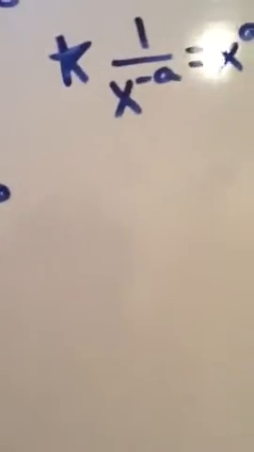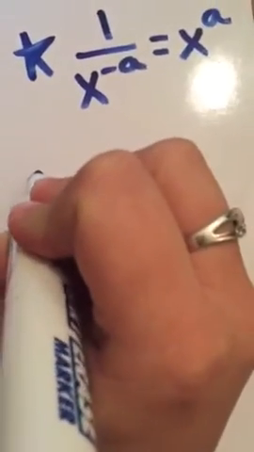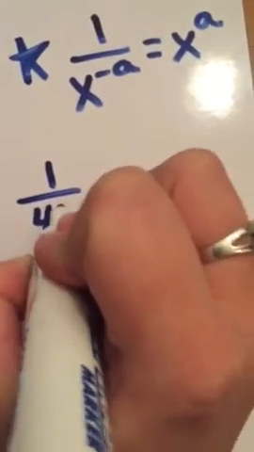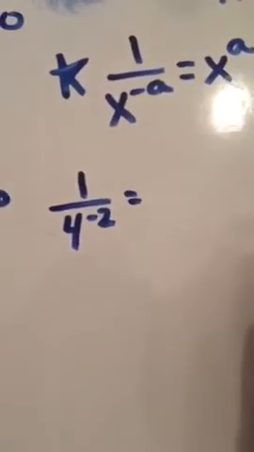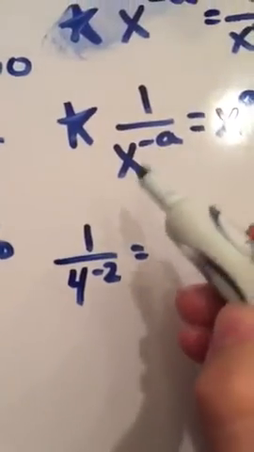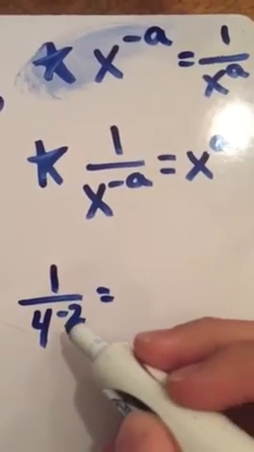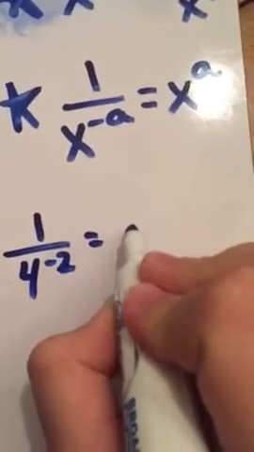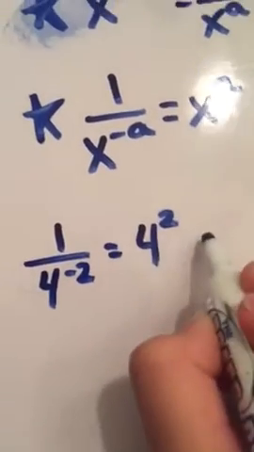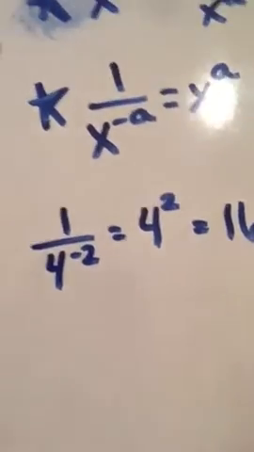So an example of this would be, let's say I had 1 over 4 to the negative 2. Again, using my rule, I need to bring my exponent up and make it positive. So 4 squared, which is 16.